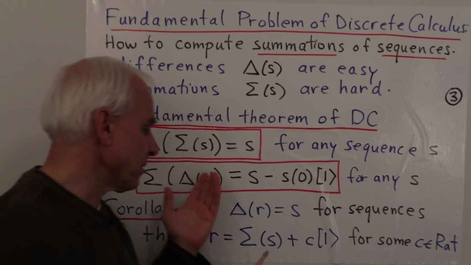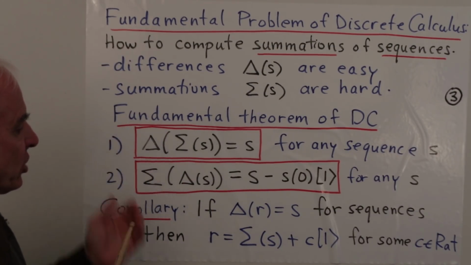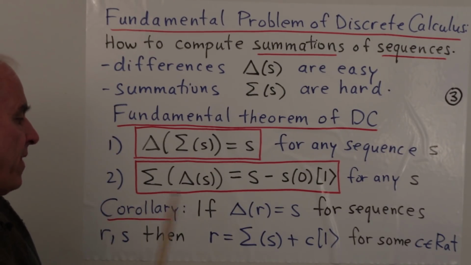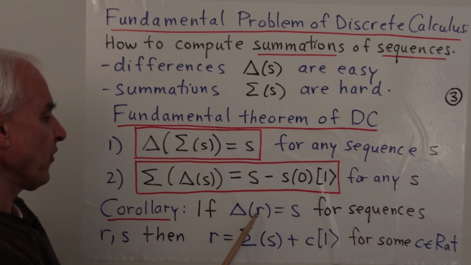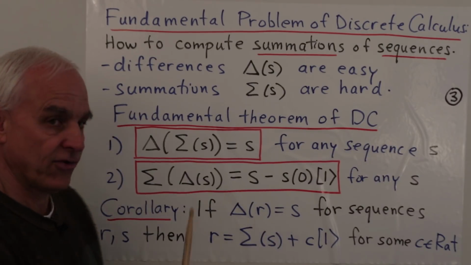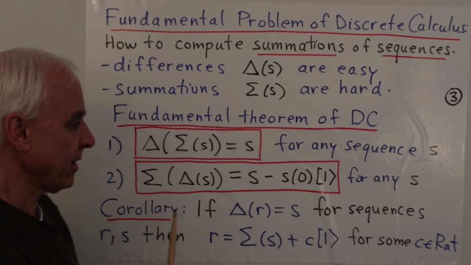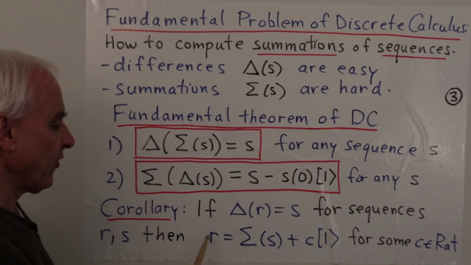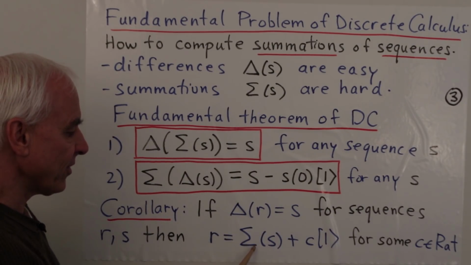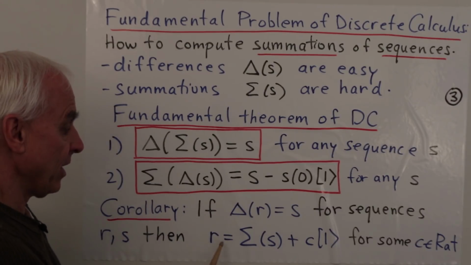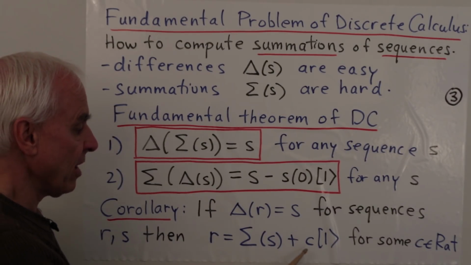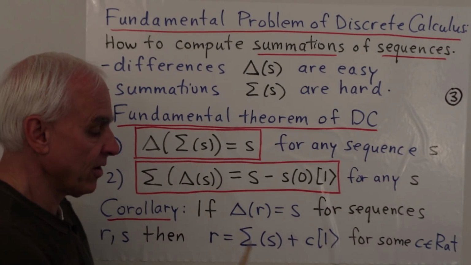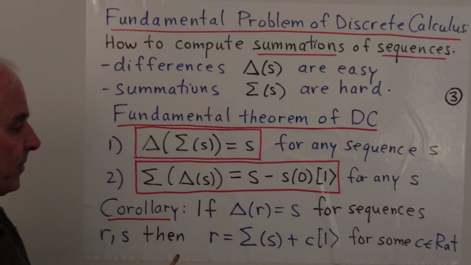Okay, so there's an important corollary of this, an application: if we know that the difference of a sequence R is S, then it follows that R is more or less the summation of S. In fact, it's exactly the summation of S plus some constant times the constant sequence.